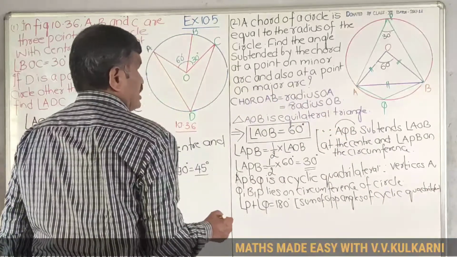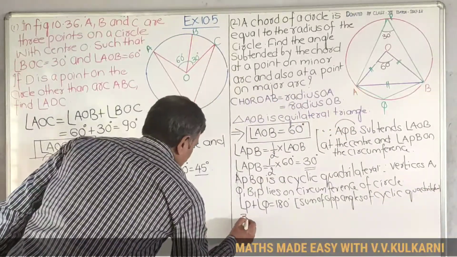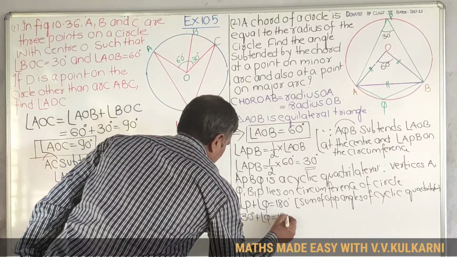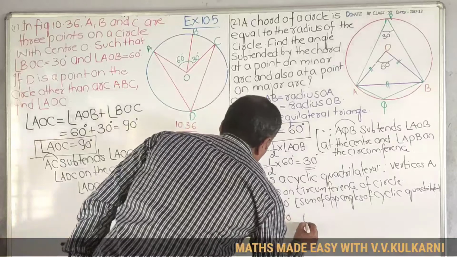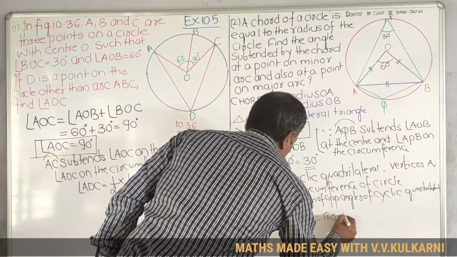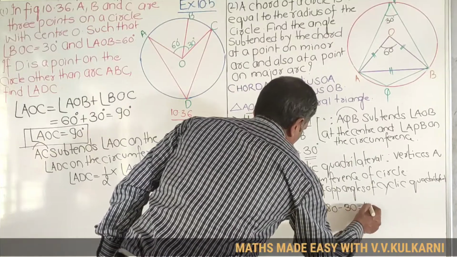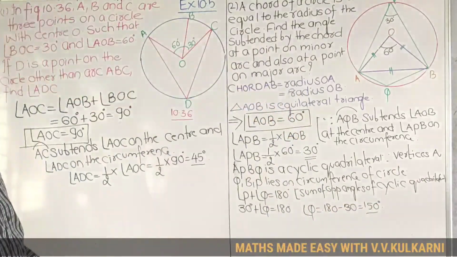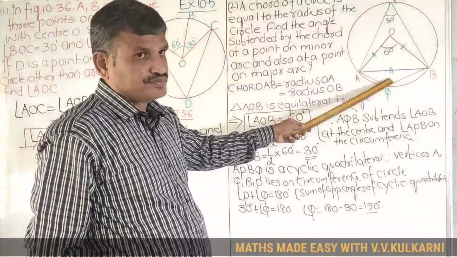Okay, so angle P is 30, so 30 plus Q is equal to 180. So angle Q is equal to 180 minus 30, and that is equal to 150 degrees. So that is how you can find out angle Q.